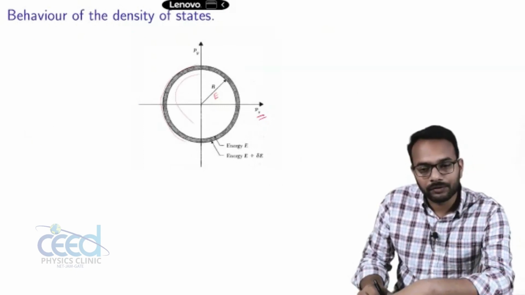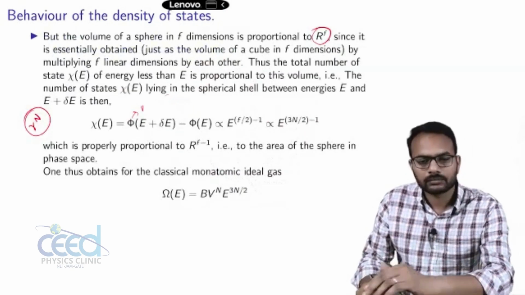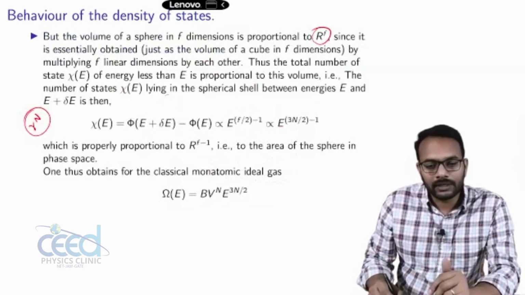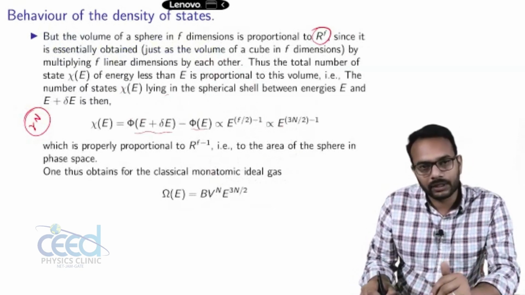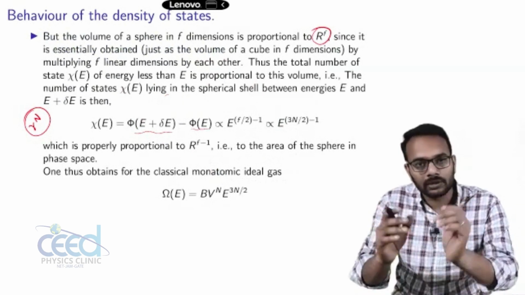All right, so phi of E plus delta E minus phi of E will give you this particular shaded volume. We assume that delta E is rather small when compared to the total energy of the system.